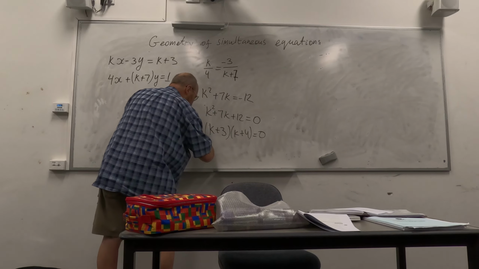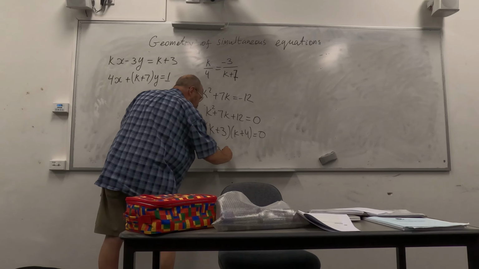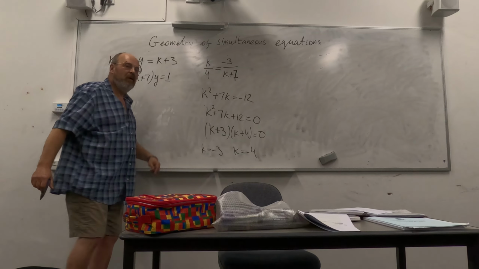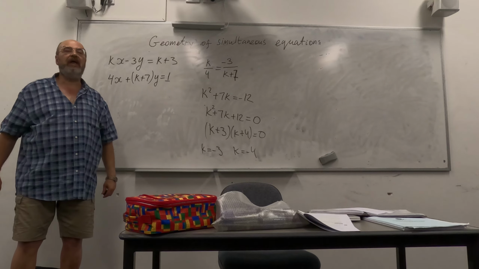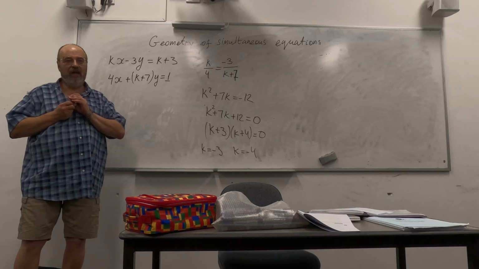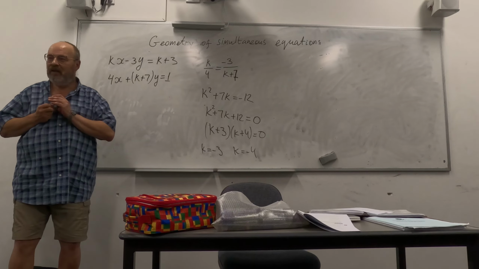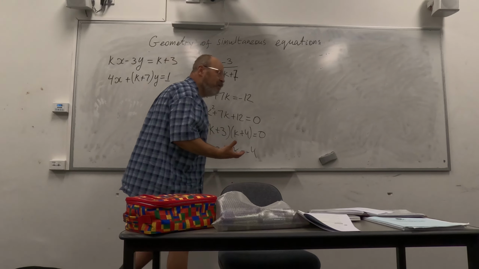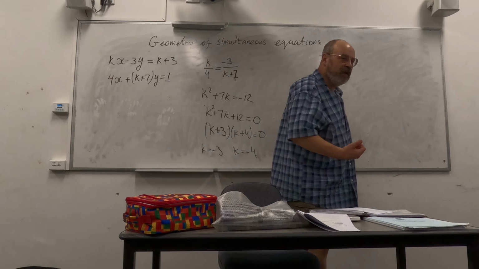So k equals negative 3 or k equals negative 4. Now we have two values of k for which the lines have the same gradient. But there are two possible cases: the lines are parallel or the same line.